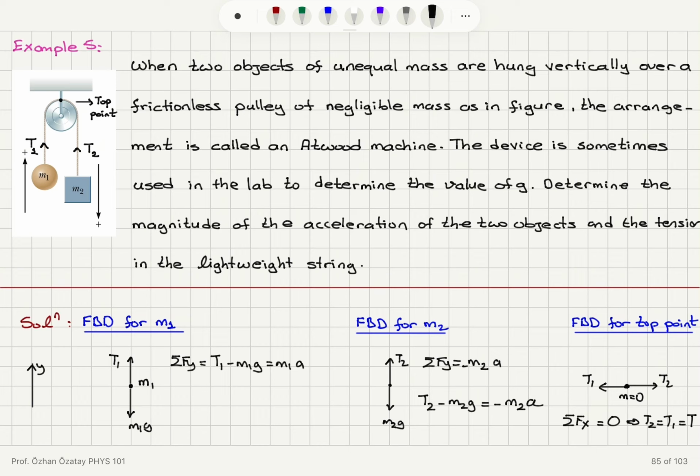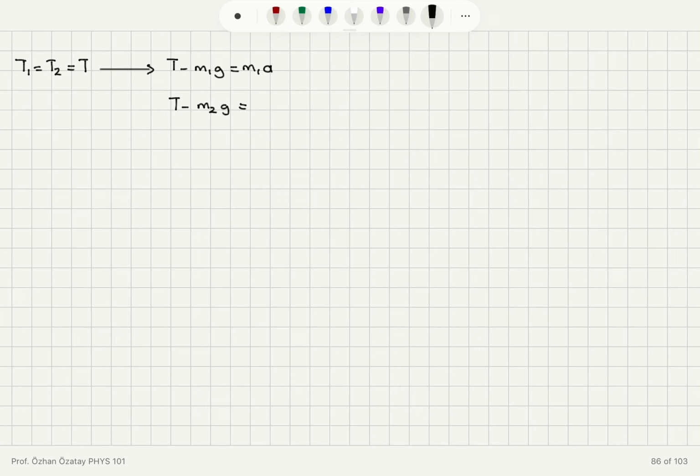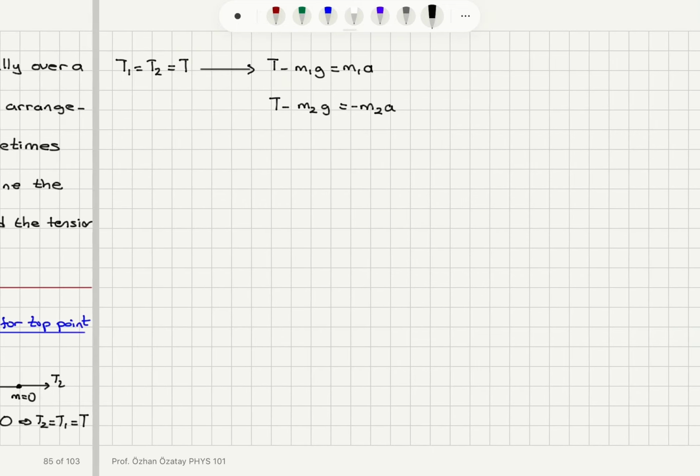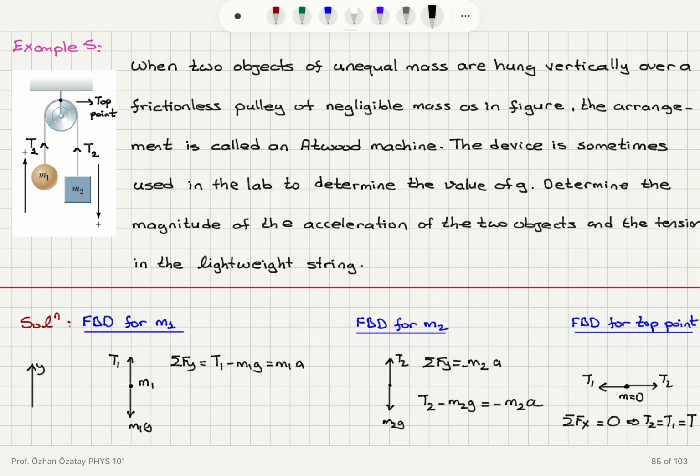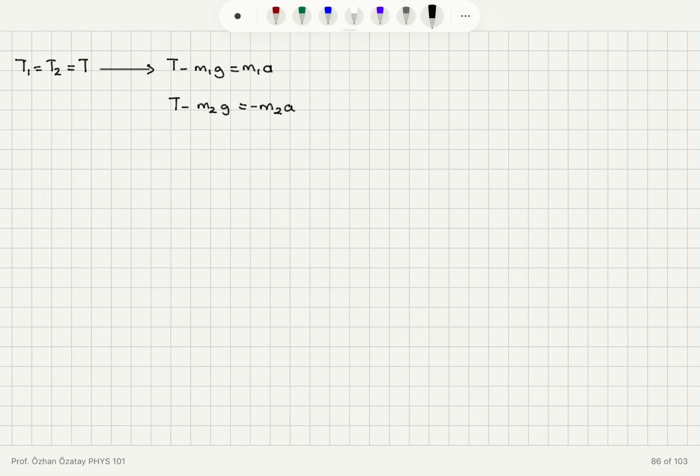On the right hand side it's pointing down, on the left hand side it's pointing up. Okay, so with that correction we can see that this is going to be minus M2a, because as a vector equation this is T j hat minus M2g j hat equals minus M2a j hat. So it's actually a vector equation.